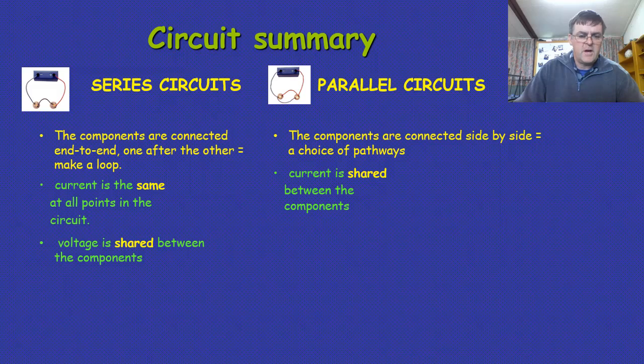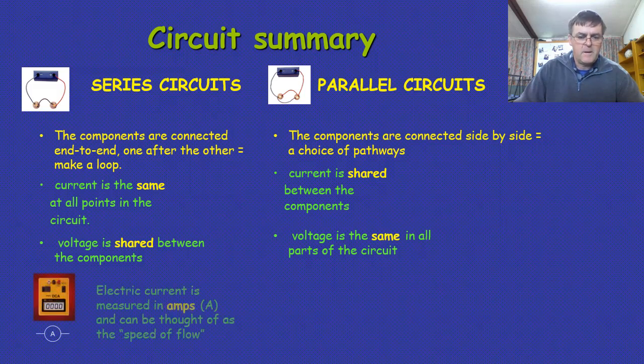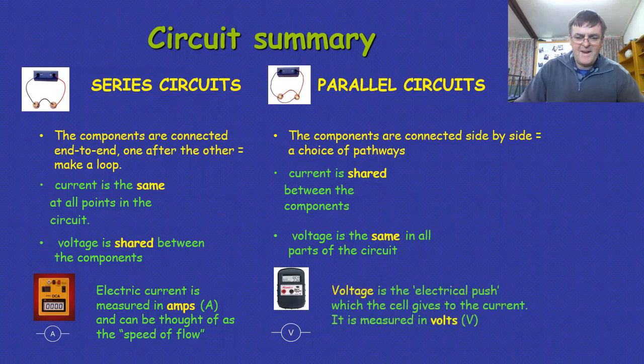The voltage is shared between components in a series circuit, but it's the same in all parts of the parallel circuit. There's your ammeter, and that's the speed of the flow of the electrons around the circuit. There's your voltmeter, and this is how much energy or oomph or push is given to the electrons in the current, and it's measured in volts.